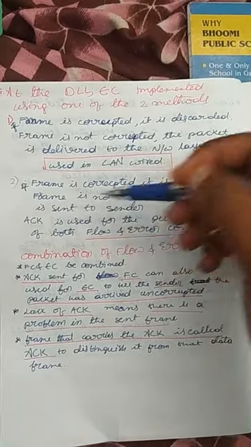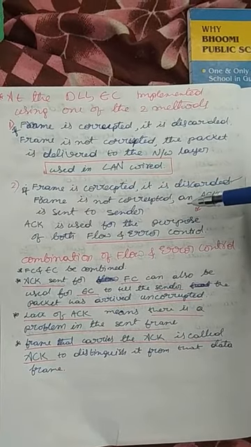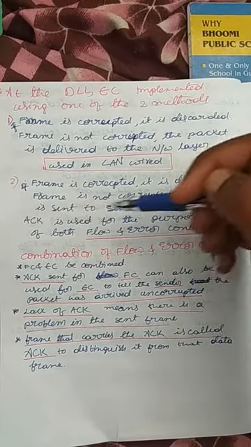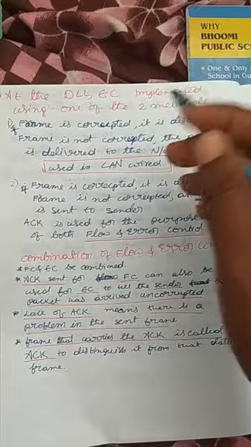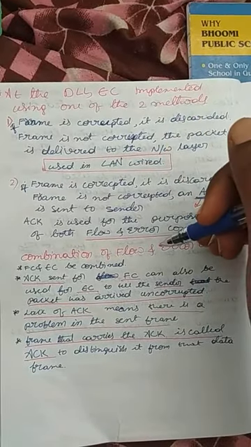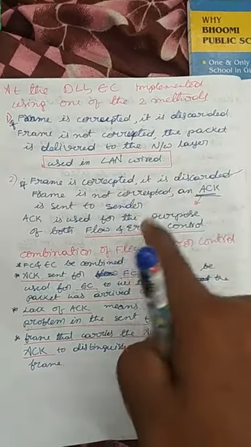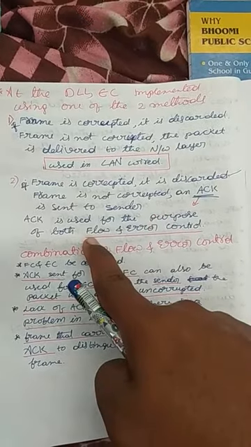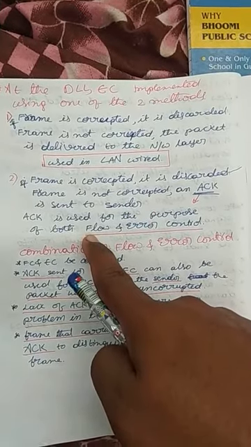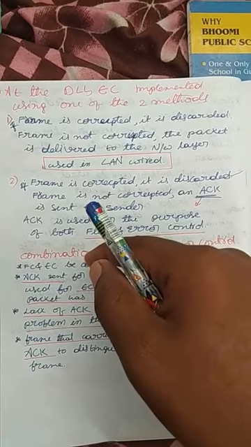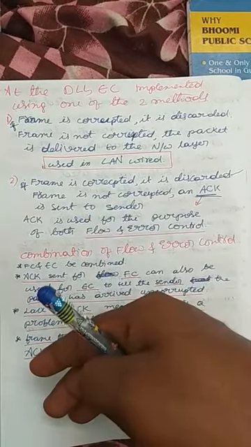Okay, if the frame is not corrupted, an acknowledgement is sent to the sender. Means the other method is sending feedback from the receiver to the sender that the sent frame was successfully accepted.